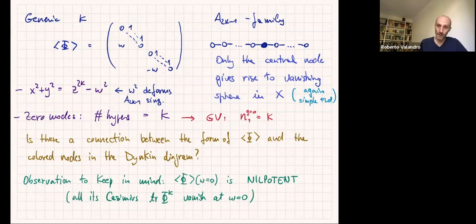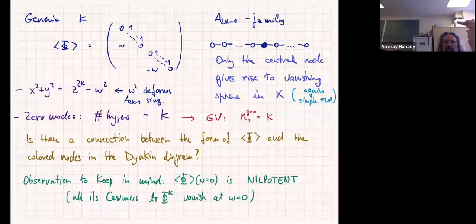Exactly. And again, you have k copies of charge 1, the charge you read here. And there is a U(k) symmetry which acts on them. Is it visible in this picture? You could rotate them, since these are identical hypers.